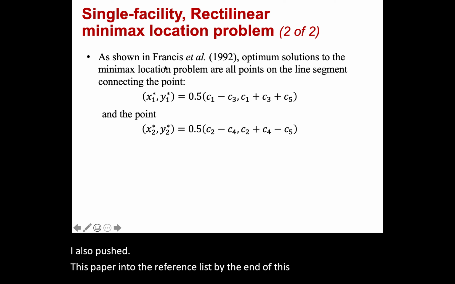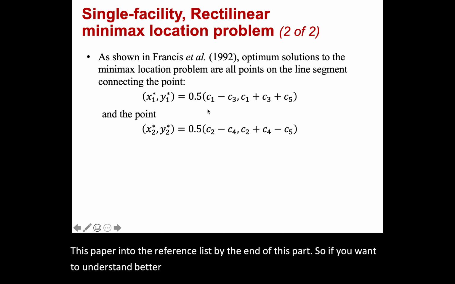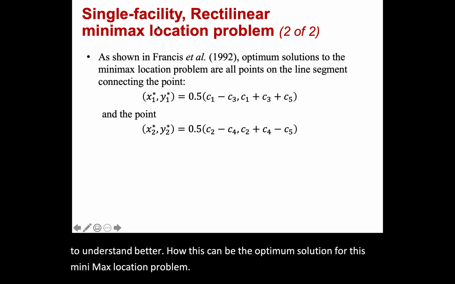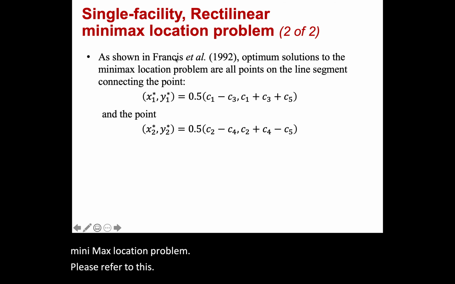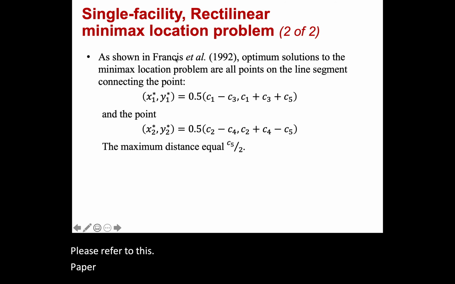So if you want to understand better how this can be the optimum solution for this minimax location problem, please refer to this paper, okay? With the maximum distance equal to c5 over 2.